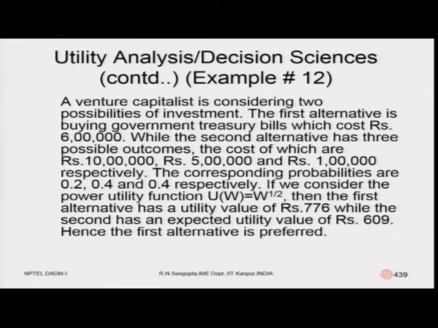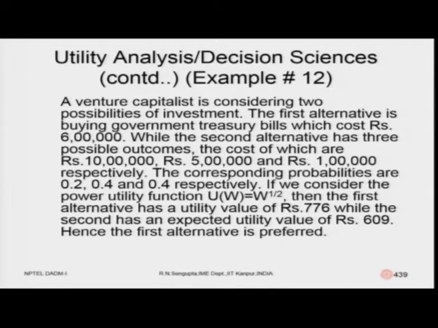Adding them, 20, 40, 40 makes 1 as it should be. This is what I was talking about when I mentioned the PDF, or PMF, in this case, since they are discrete events, and hence the corresponding probabilities are 0.2, 0.4, 0.4.